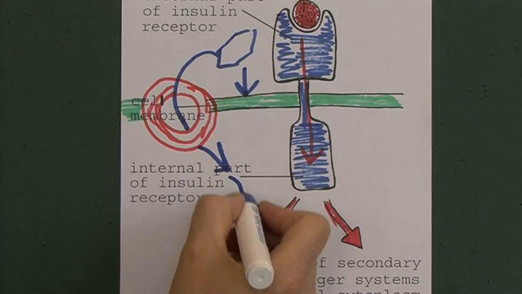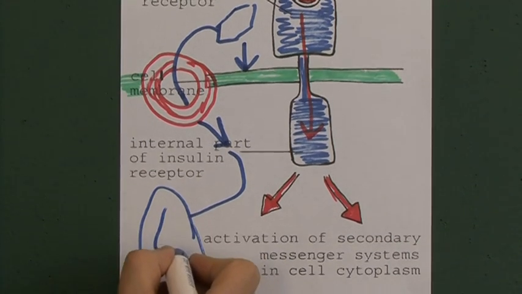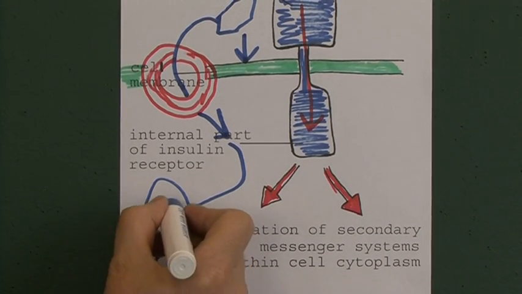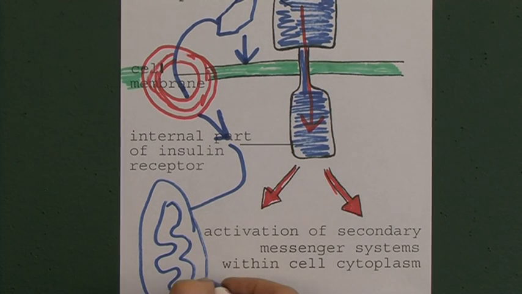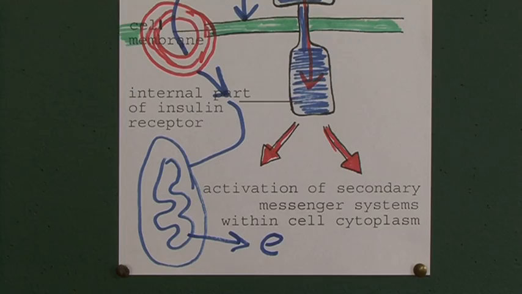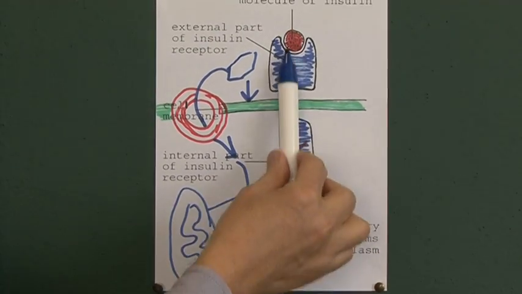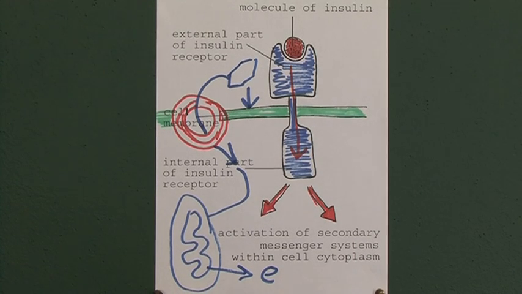Once they're inside the cell, then they can go along to the mitochondria, and the mitochondria will combine them with oxygen to produce lots of very useful energy. So the combination of the insulin molecule and the insulin receptor molecule, both absolutely vital to this process.